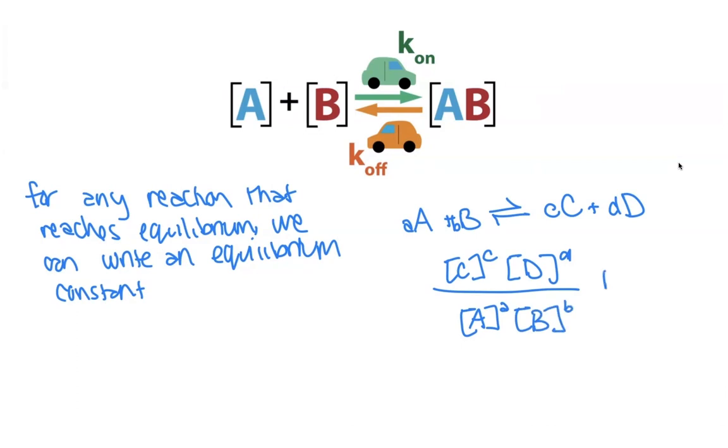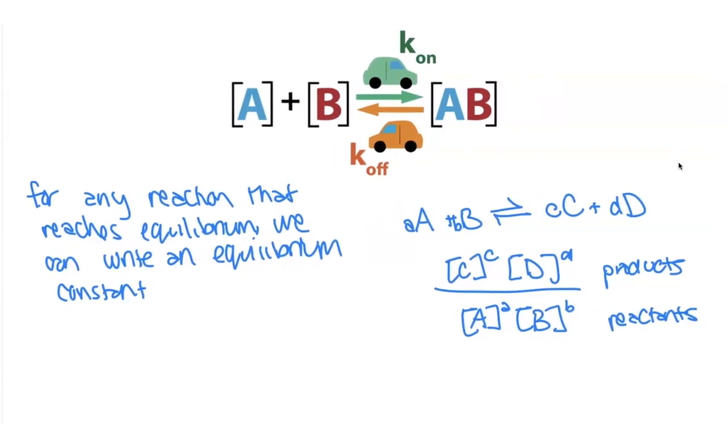So basically we had our products over our reactants. And we could do this for any equation that reaches equilibrium.